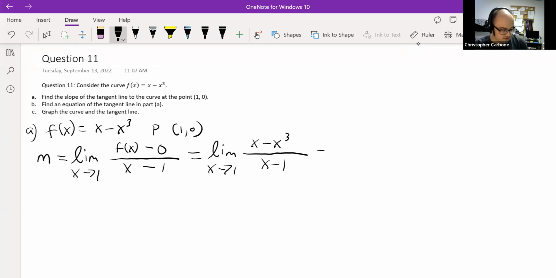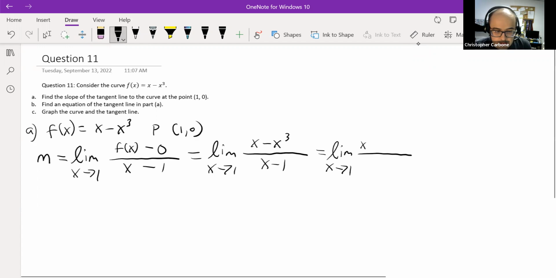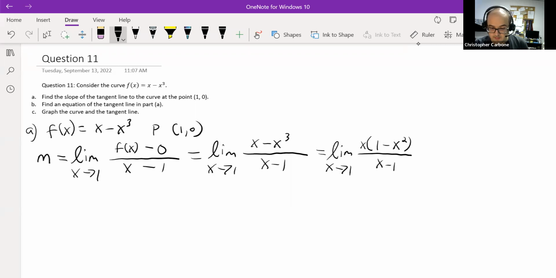But we could factor this numerator a bit. This is equal to the limit as x approaches 1 of x times 1 minus x squared, divided by x minus 1.